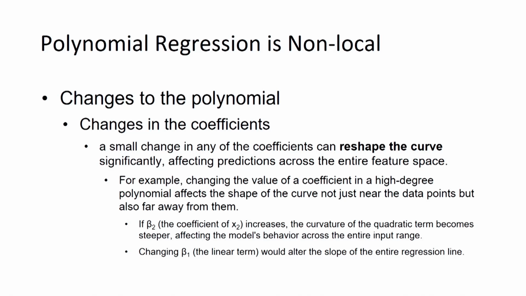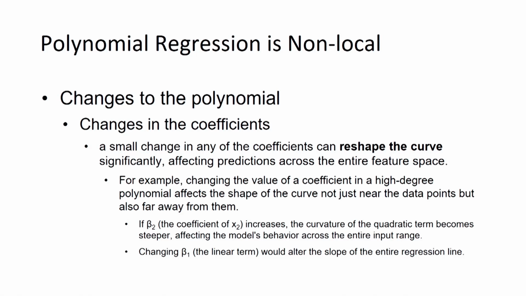It is not the case that predictions will be different only for a few instances while the rest stay the same as before changing that coefficient. There are chances that all the predictions will change. This is the way we say that polynomial regression is non-local.